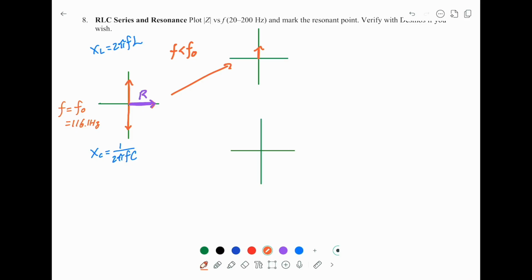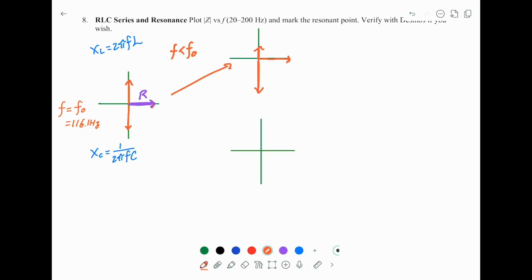The R remains unchanged, and the capacitive reactance, because it's 1 over 2 pi F, will become stronger.